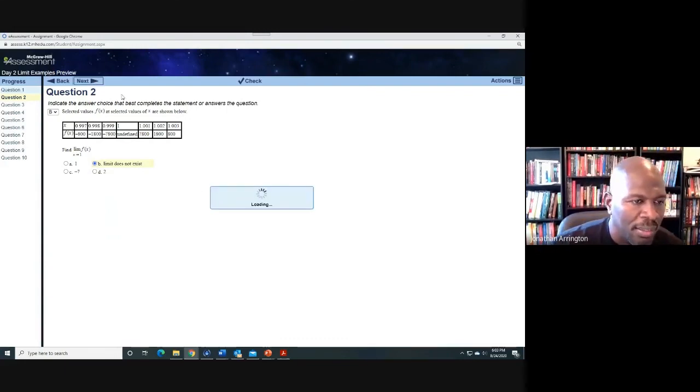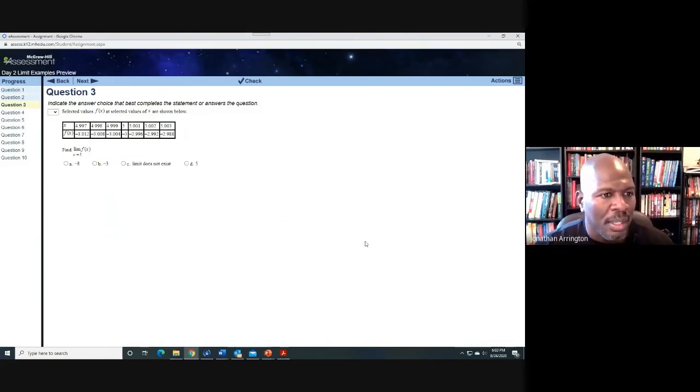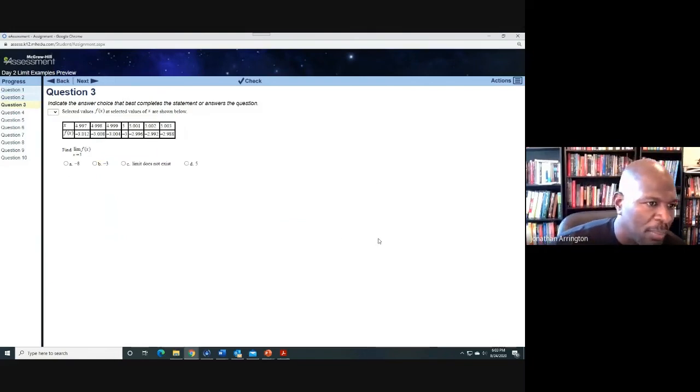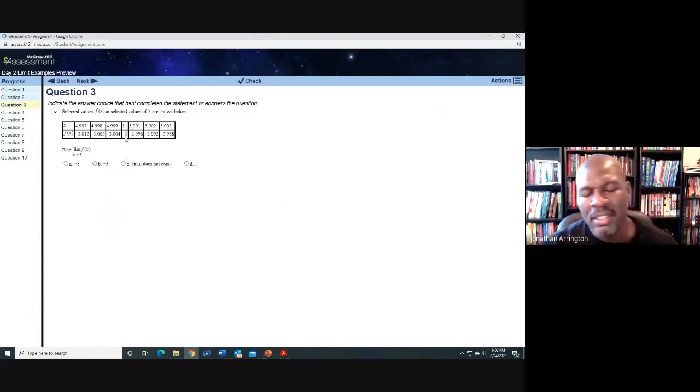Okay, let's look at example number 3. All right, so in this example, we'll find the limit as x approaches 5. And here you'll see that f of 5 is defined. It's -3. Now don't get too happy, okay? Relax a little bit.